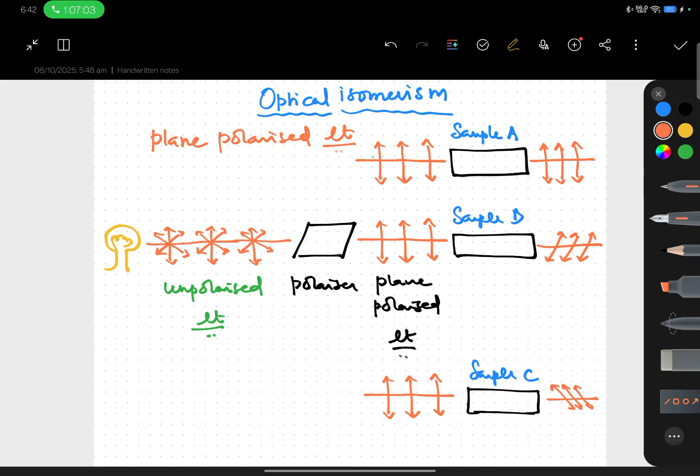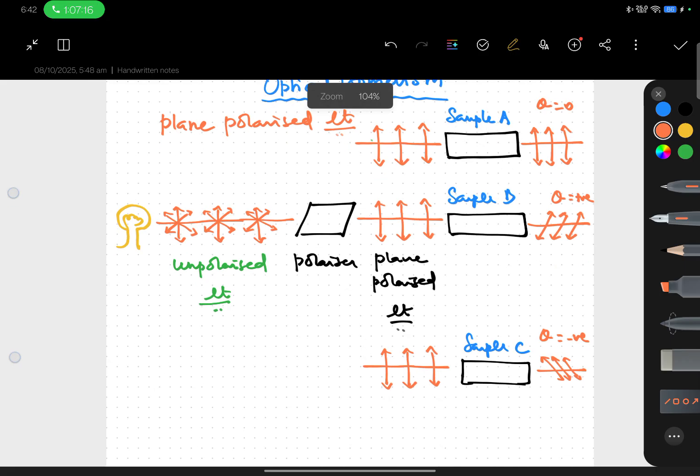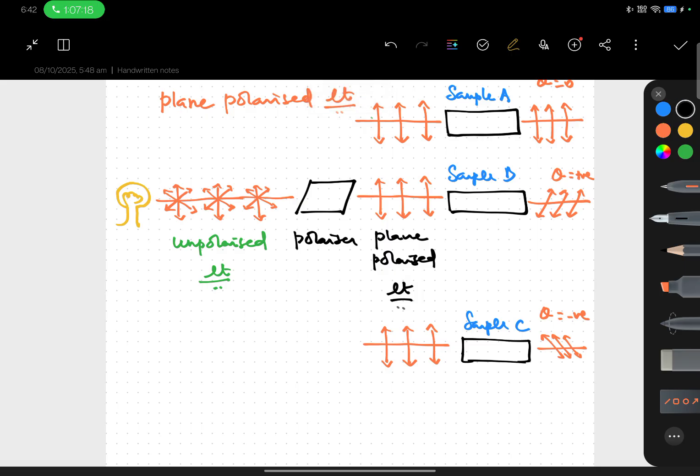So here theta is positive. Here the rotation is negative. When it is left, negative; right, positive. Here theta is equal to 0. So because of the action on the light, we can classify samples A, B, C.